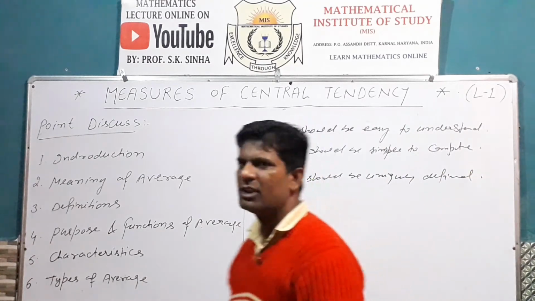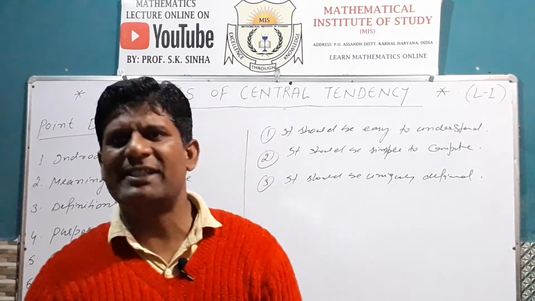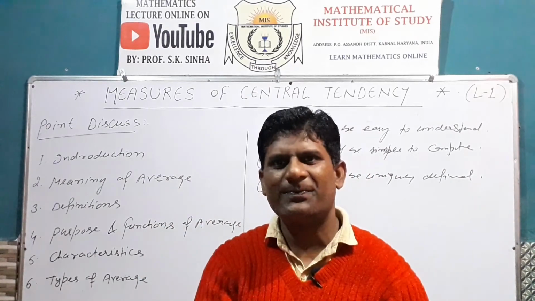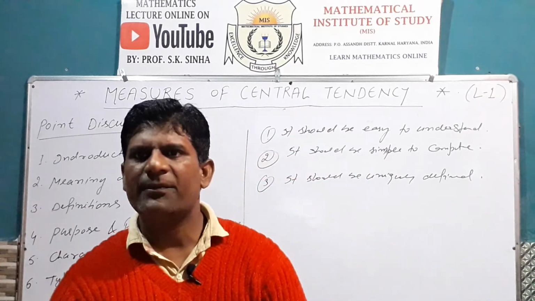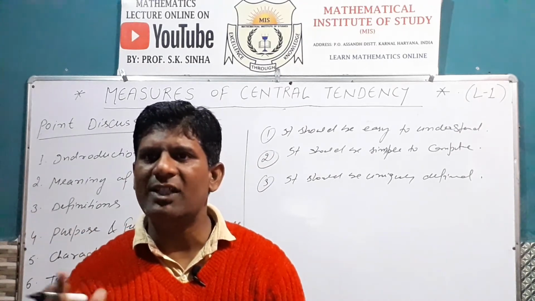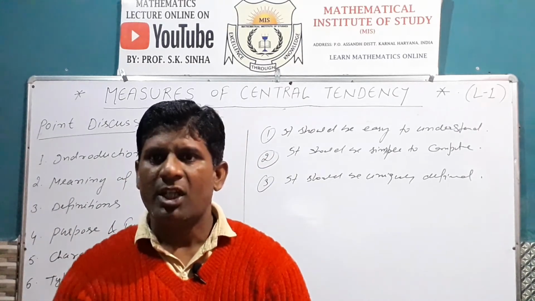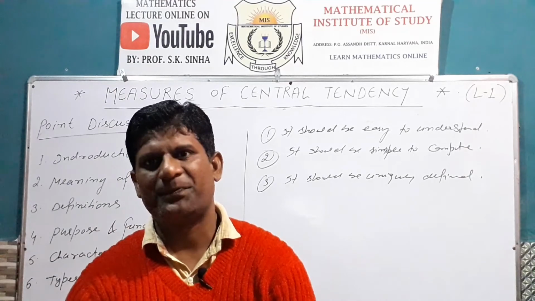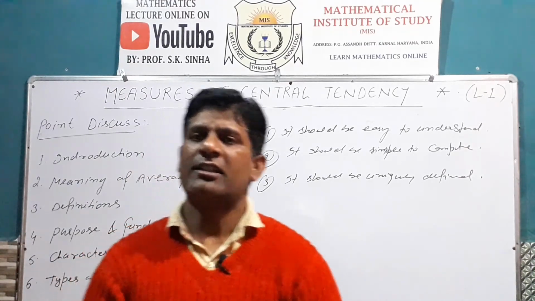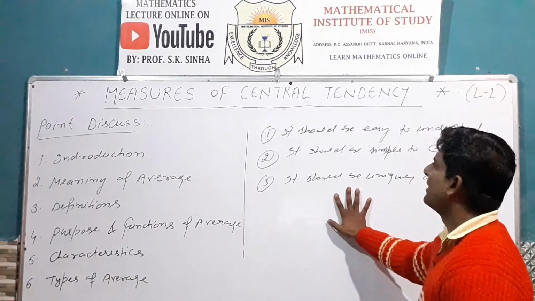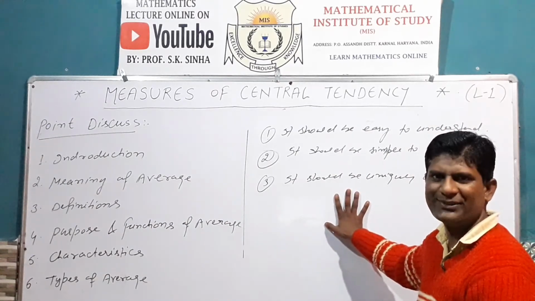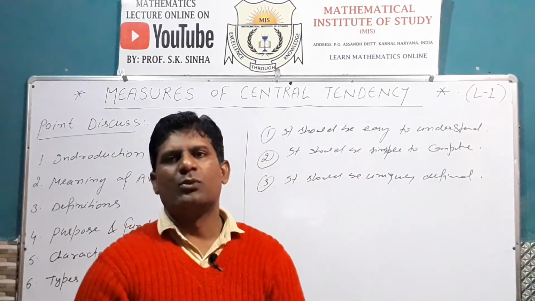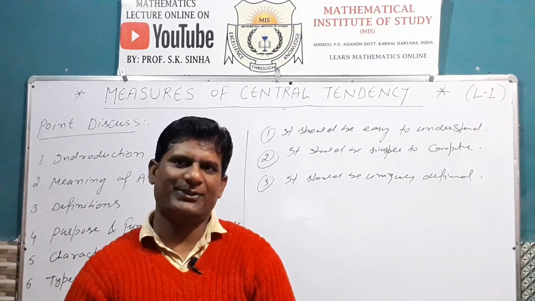Number four, it should be based on all observations. Fifth, it should not be unduly affected by extreme values. It should also be capable of further algebraic treatment. So these are the characteristics, or properties, of a good average.